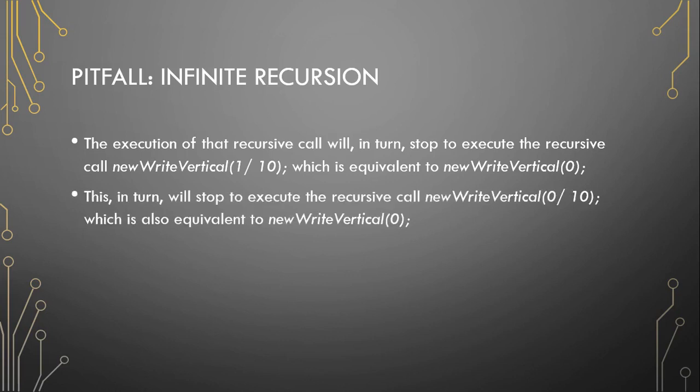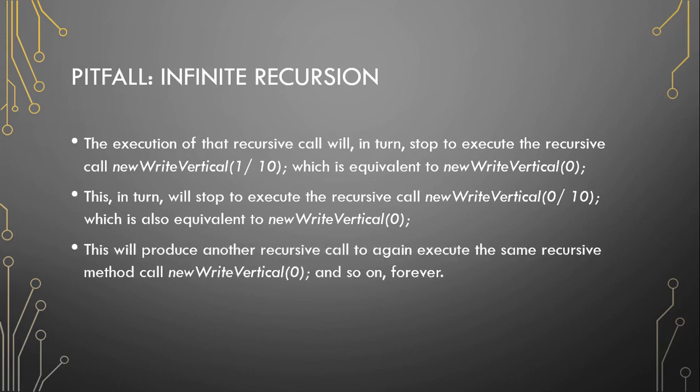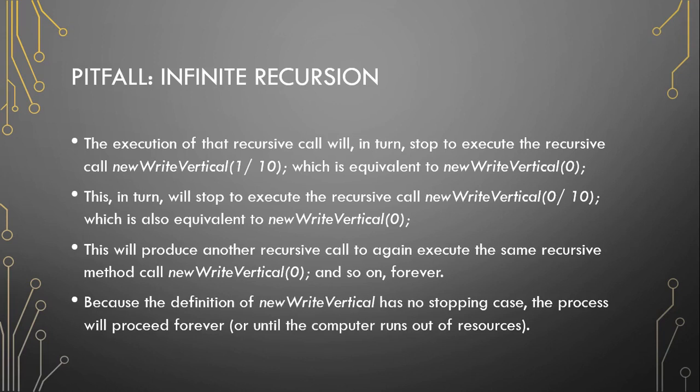This, in turn, will stop to execute the recursive call newRightVertical 0 divided by 10, which is equivalent to newRightVertical 0. This will produce a recursive call again to execute the same recursive method call, newRightVertical 0, and so on forever. Now, because the definition of newRightVertical has no stopping case, the process will proceed forever until the computer runs out of resources.